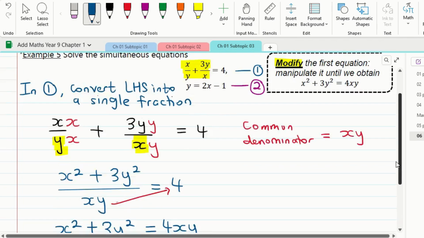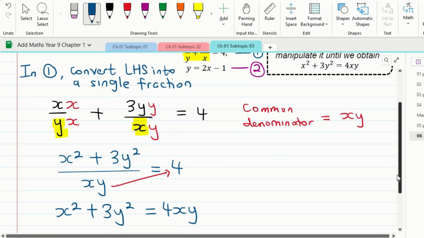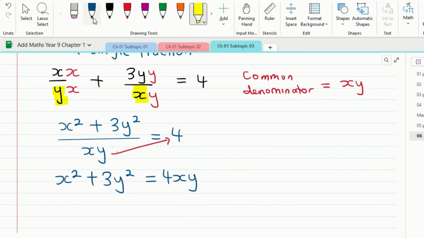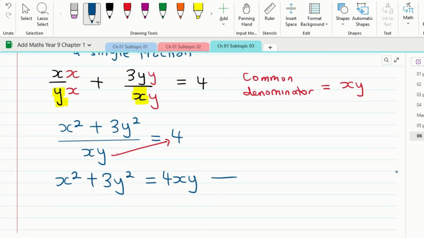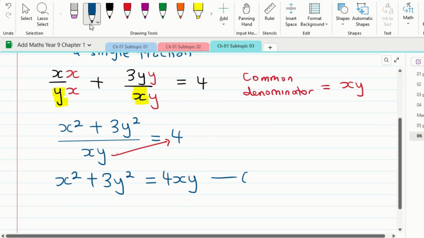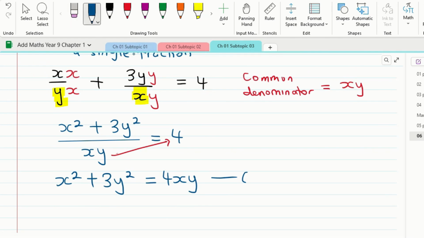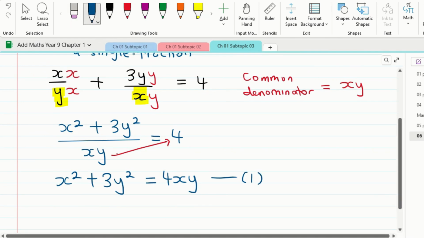That's how you obtain x squared plus 3y squared equals to 4xy in this part. Let's call it equation number 1. It doesn't matter how you number it, as long as you remember where to substitute.